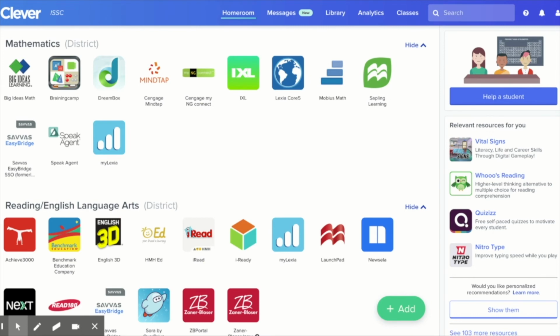One of the main things students have been using this year in K through 5 for their online resources and tools is Braining Camp. We're going to take a look at Braining Camp to show you some of the different online tools that your students can use when solving math problems.